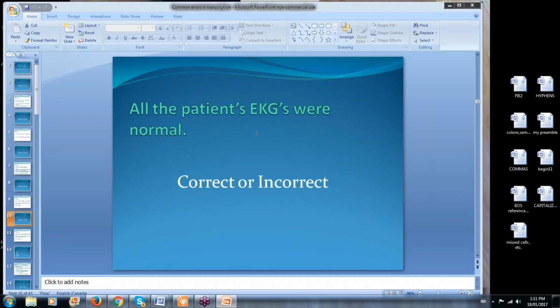All the patients' EKGs were normal. Is this correct or incorrect? Incorrect, incorrect, incorrect. Let's see.